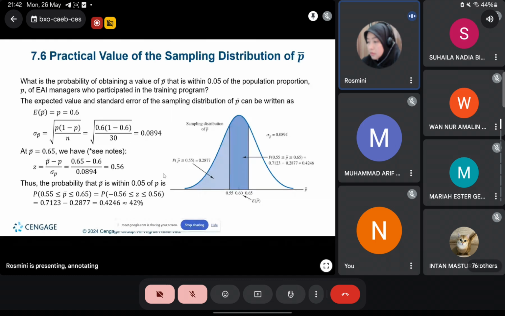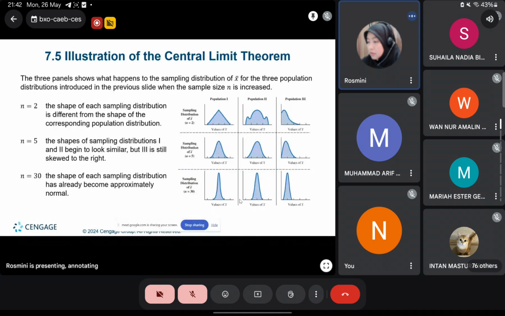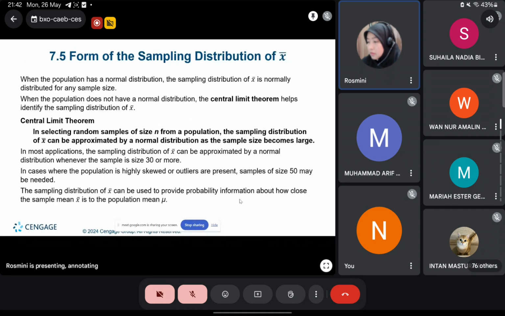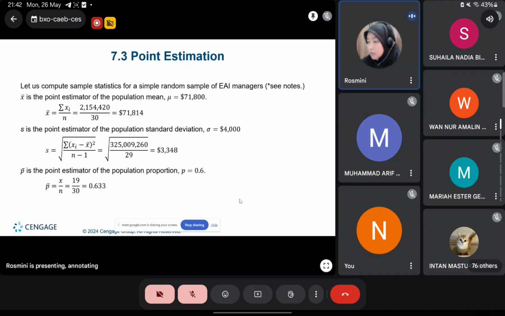Next, the probability of obtaining P bar within 0.05. We know that this one is given to you, 0.6.